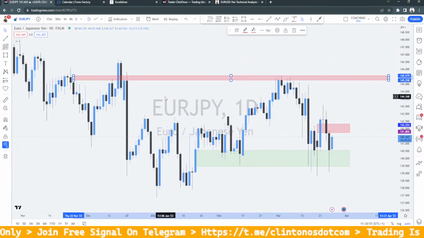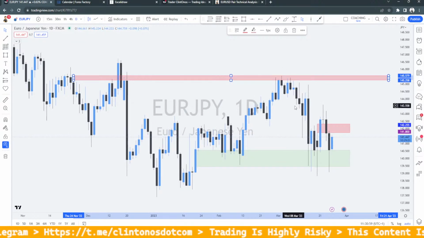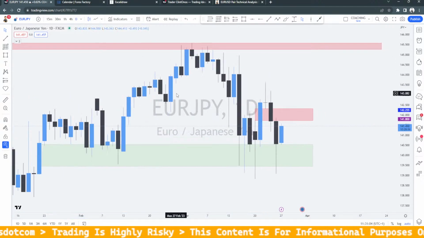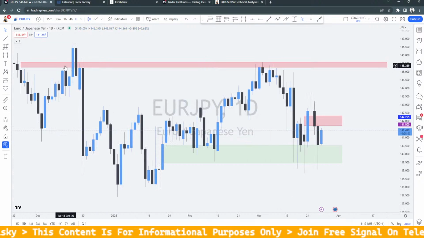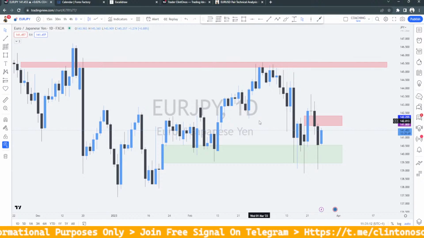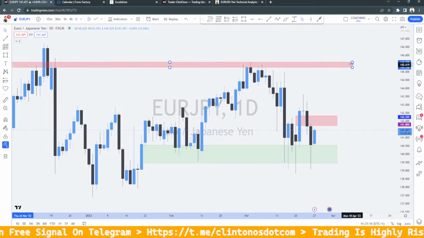Obviously this rejected here, pushed, tested again, so you can think of it as the resistance, right? Initially it was support, then broken, turned resistance.